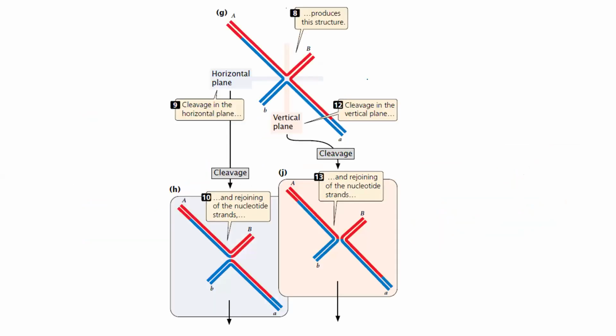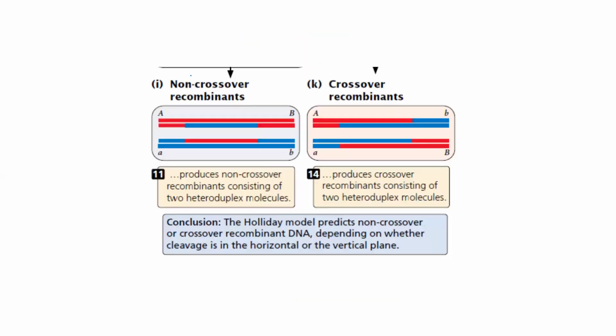And as we have seen in the previous diagram as well, if the cleavage is in the horizontal plane and rejoining of the nucleotide strands, you're going to see non-crossover recombinants or the patch products, where you can see along with capital A, there's capital B only, and along with small a, there's small b only.